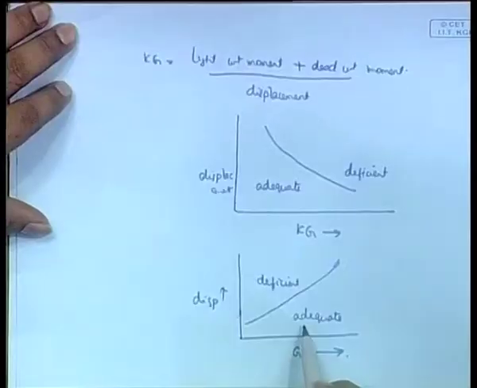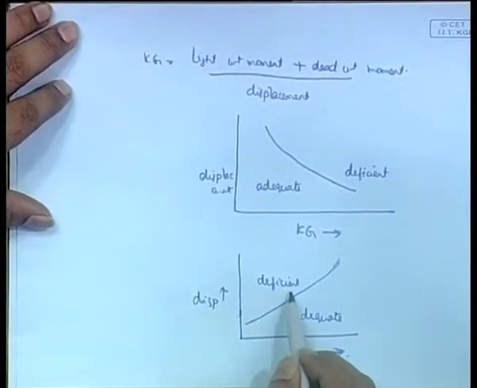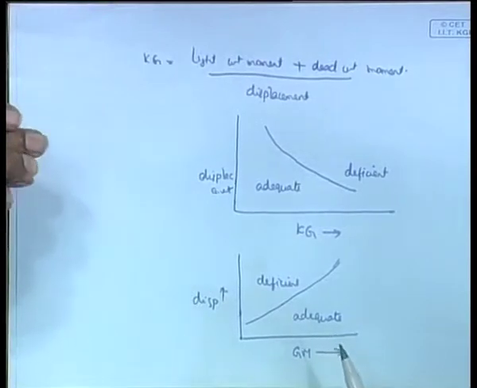So, obviously, the figure will shift, the region which was adequate will become deficient, because GM has to be as high as possible. So, this region is adequate and this region is deficient.